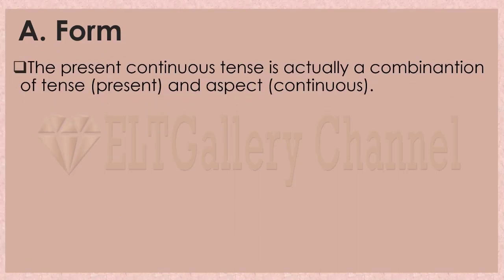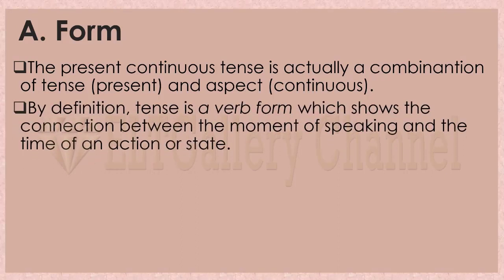Now let's start with the form. The present continuous tense is actually a combination of tense and aspect. Present continuous is a combination of tense, present, and aspect. By definition, tense is a verb form which shows the connection between the moment of speaking and the time of an action.